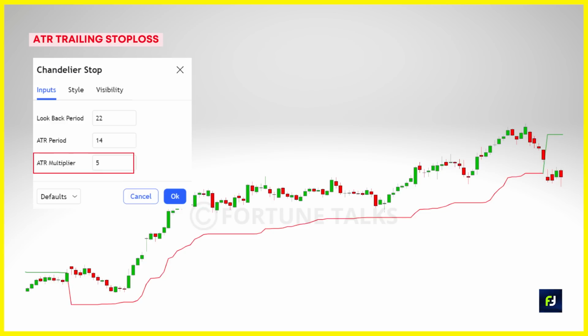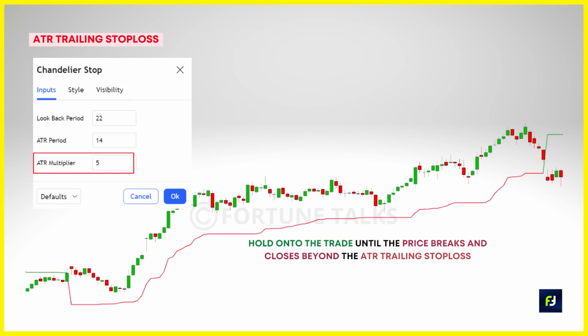The indicator takes 5 multiplied by X and this is the level which is your trailing stop loss. So all you need to do is hold on to your trade if the market is above this particular level, which is 5 ATR from the highs. And if the market does not break below it, you just hold on to your trades and it is as simple as that. This is a very simple tool that helps you ride massive trends in the market.